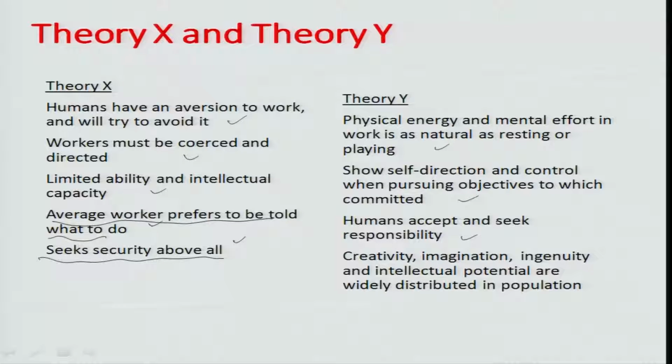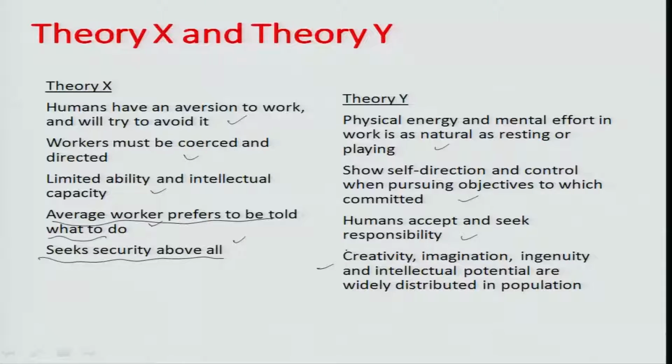It generally talks about creativity, imagination, ingenuity, and intellectual potential as a widely distributed set of traits among the population, the human factors which are involved in a work system. And so, in this way, the approaches to think about a work system are completely varied between theory X and theory Y in such motivational studies associated with organizations.